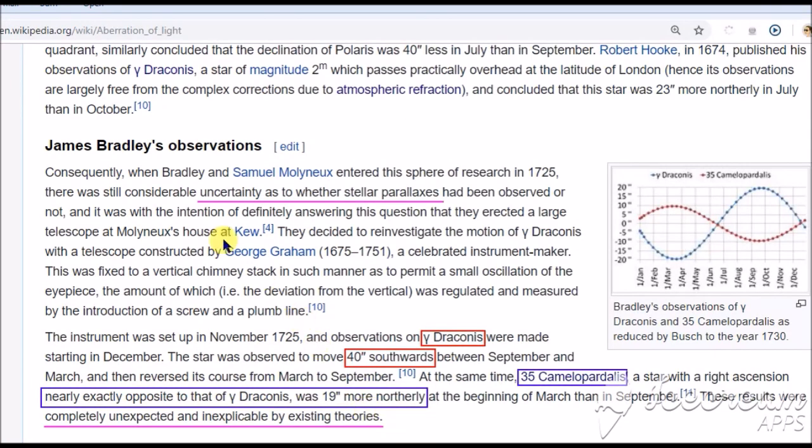So Airy's, or James Bradley's, made some observations. He was seeking answers to the uncertainty as to whether stellar parallax exists or has an effect or not. It's a long paragraph, I will not read it all.